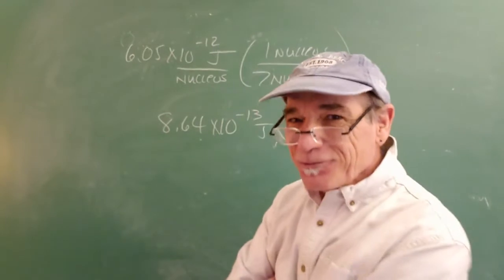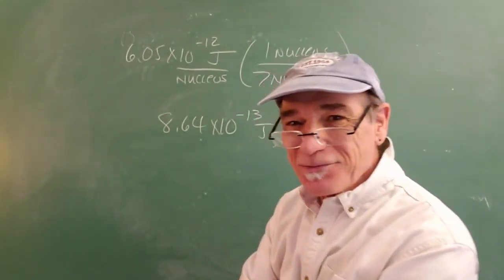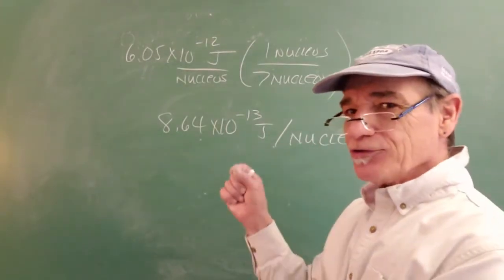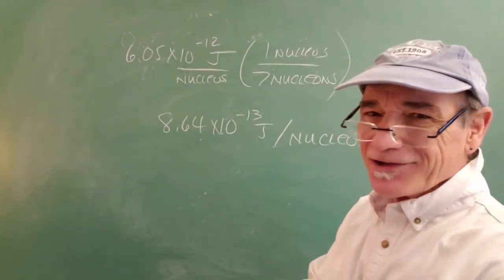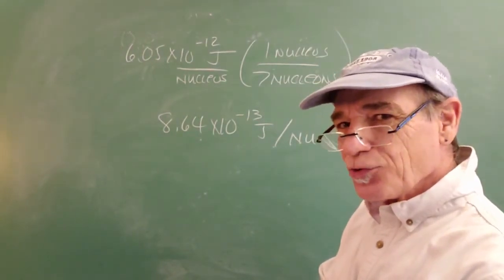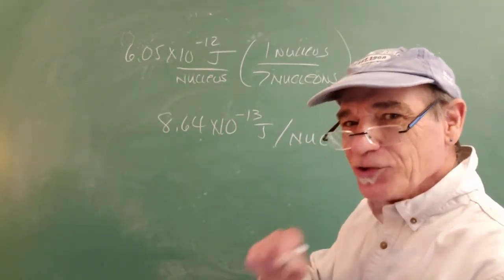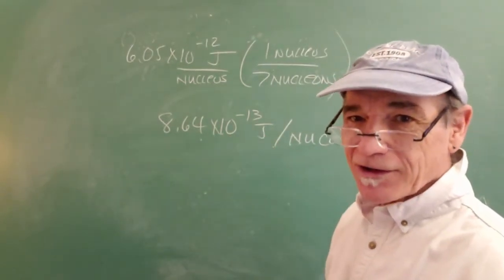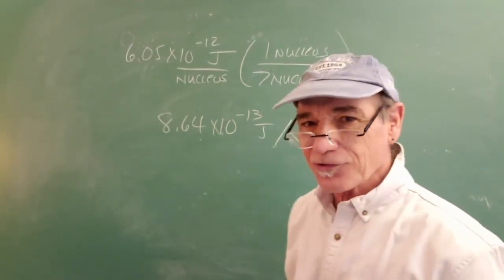Now here's what became very interesting about this binding energy. Once we started to look at this for all the different stable nuclei, and you know how we are, we love to graph stuff, it didn't take long for us to see that there was a trend in the binding energy per nucleon across the array of elements that we knew. Let me make a little bit of room here and I'll show you the graph.